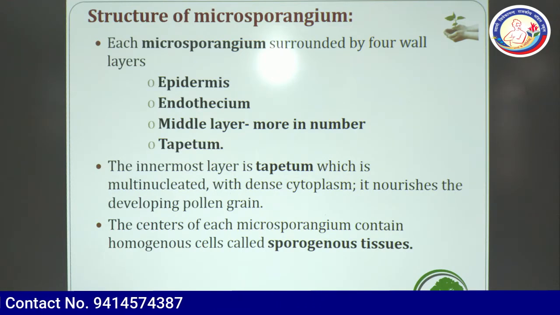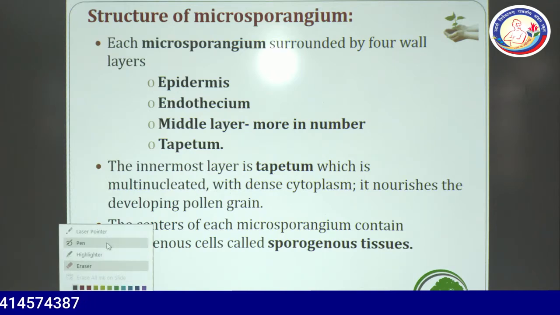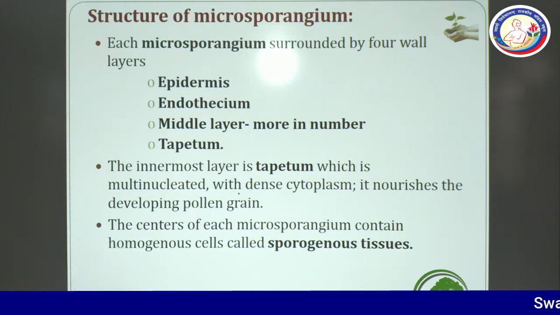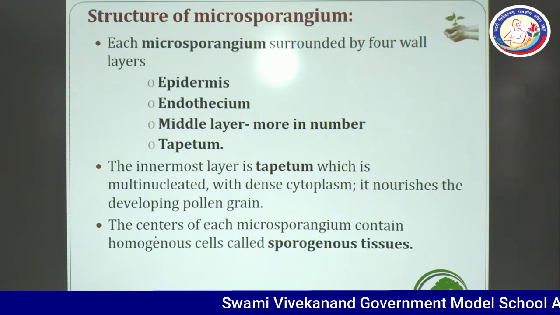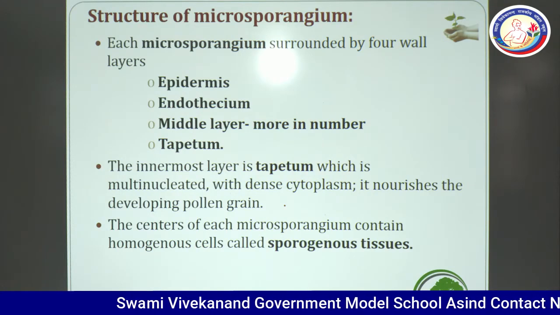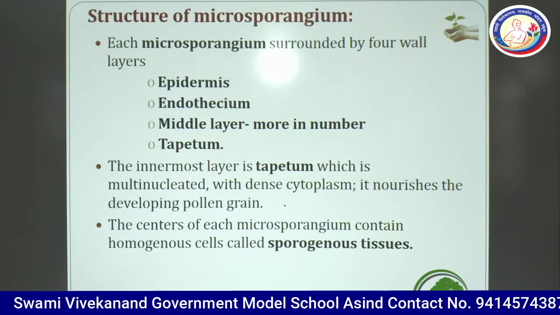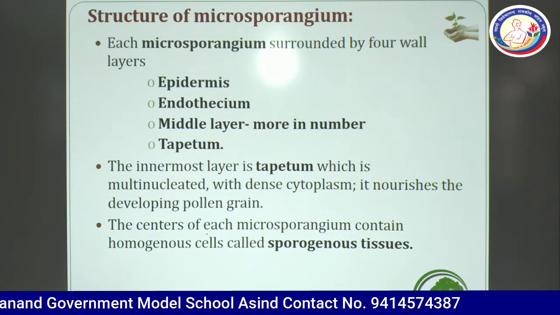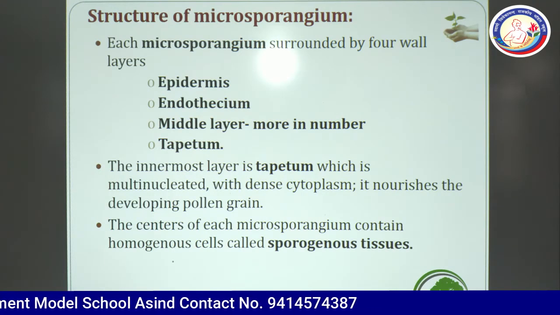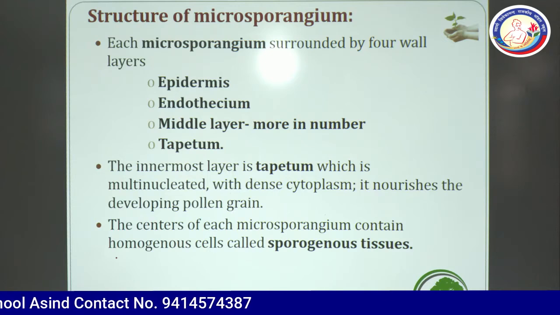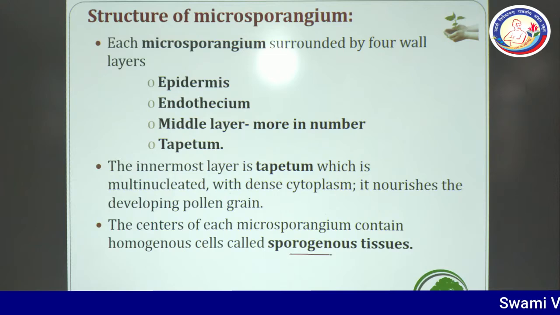So dear students, this is the tapetum. It plays an important role in the development of the pollen grains, and it has different types of nutrients. The center of each microsporangium contains a specific tissue made of homogeneous cells, which is the sporogenous tissue.